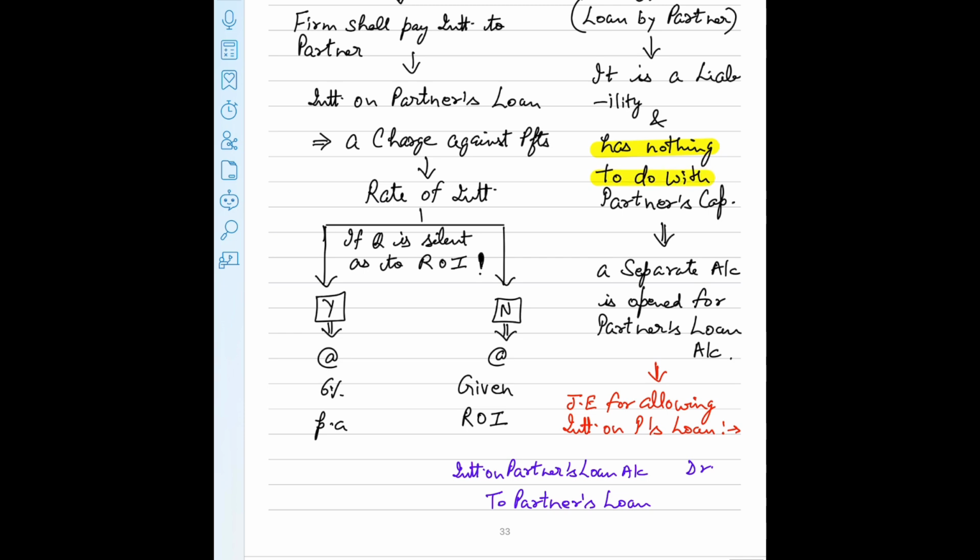It has nothing to do with partner's capital. Partner's loan is a liability, an obligation on the firm. We open a separate account for partner's loan.